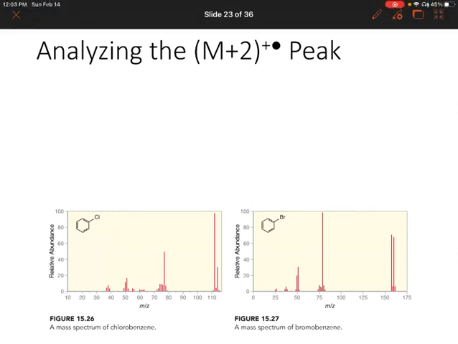So if you do see an M+2 peak, that indicates that you have chlorine or bromine in your original compound. So why is that? Well, let's look at the most abundant isotopes for chlorine and bromine.